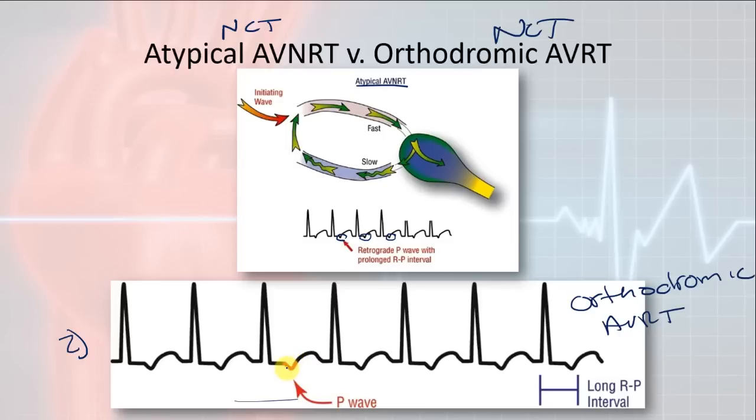But what happens here is you have almost the exact identifiable rhythm as an atypical AVNRT.